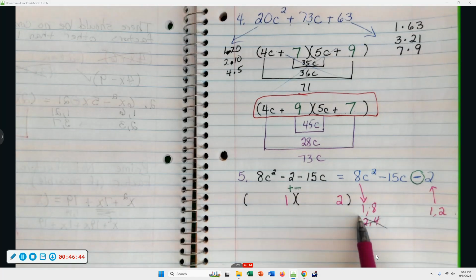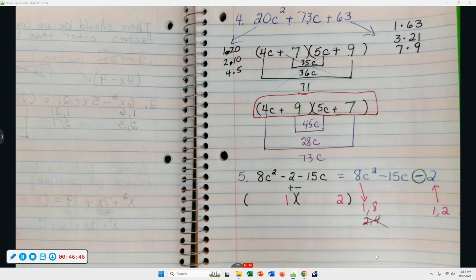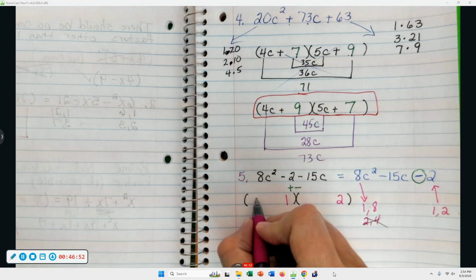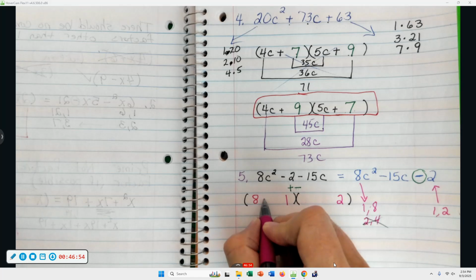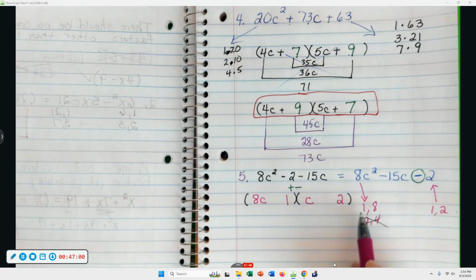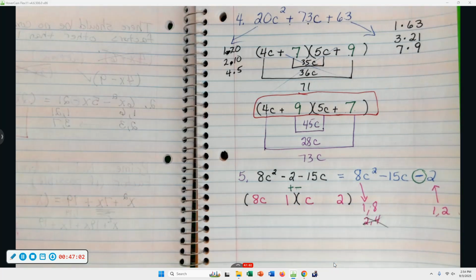What about 1 times 8? Well, can you put the 8 here in the second set of parentheses? No, because you'd have 2 even numbers. The only place you can do it is 8 there, and I guess I'll just write C. If you want to write 1C, my lab would accept the 1C.